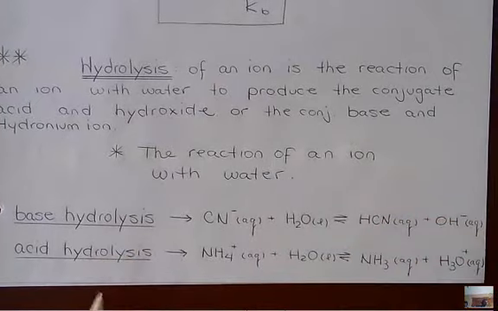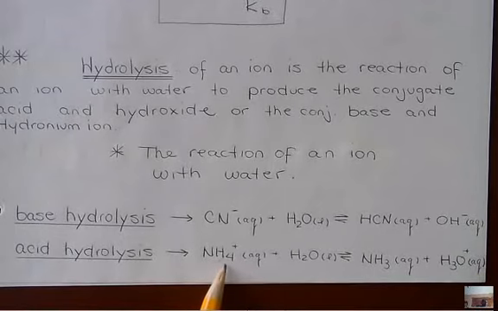This is the one we just looked at, the acid hydrolysis of the ammonium ion. This is the conjugate acid of ammonia, which is NH3. The ammonium ion has one too many protons. It doesn't look right, usually ammonia has 3. It's going to donate a proton to water to make ammonia and hydronium ion.